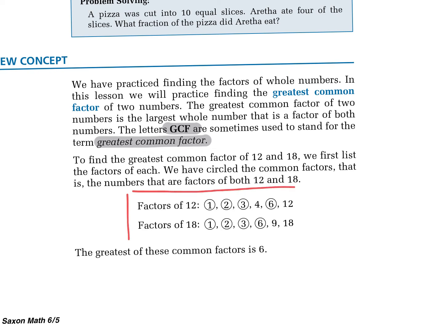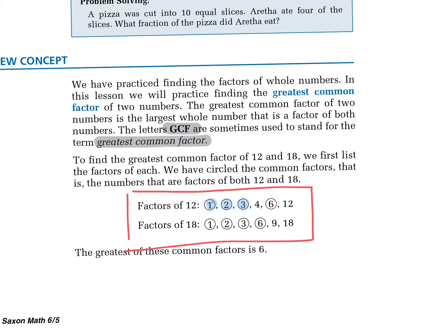They're listing the factors of 12 and 18. So remember, 1 times 12 is 12, 2 times 6 is 12, and 3 times 4 is 12. And then they did the same thing for the factors of 18. Then it looks like they circled all the common factors.